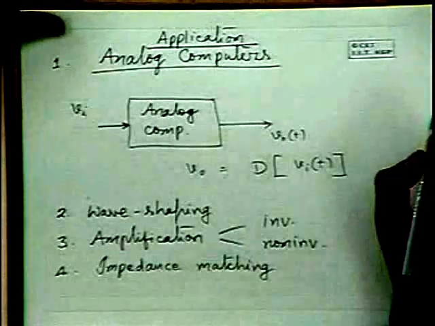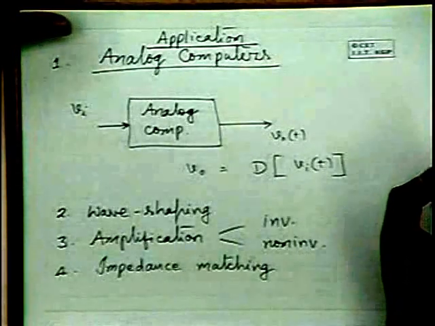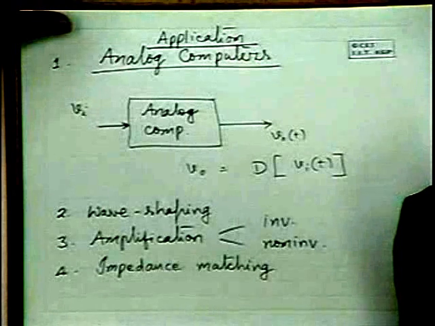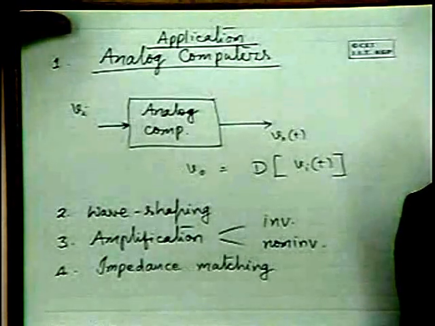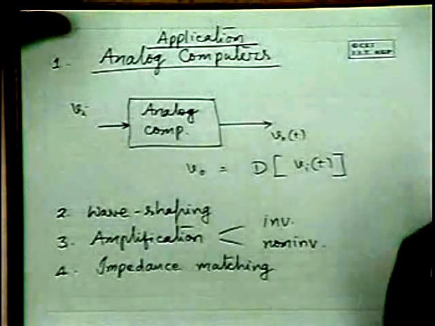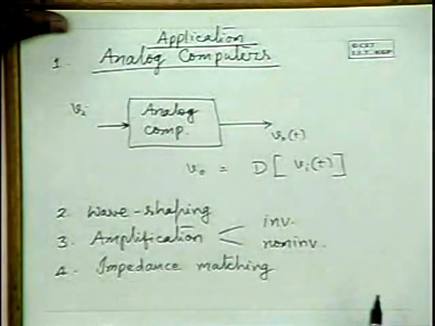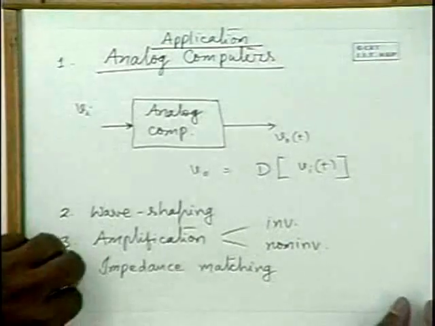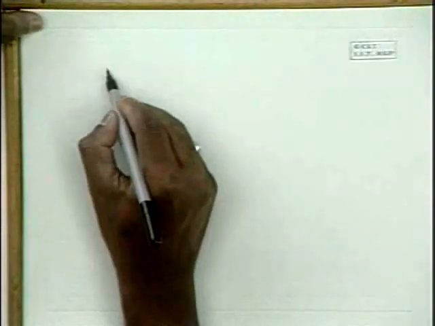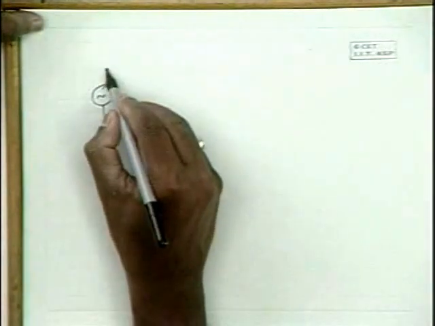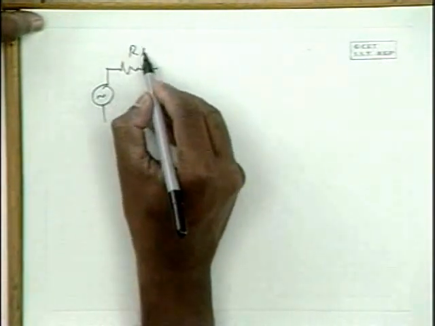Because the input impedance is very high and output impedance is very low, you can use this device to convert a high impedance source to a low impedance source. That means you have a voltage source with a high source resistance.